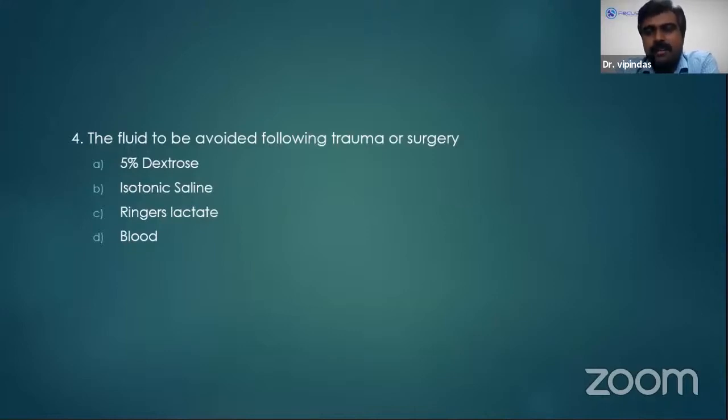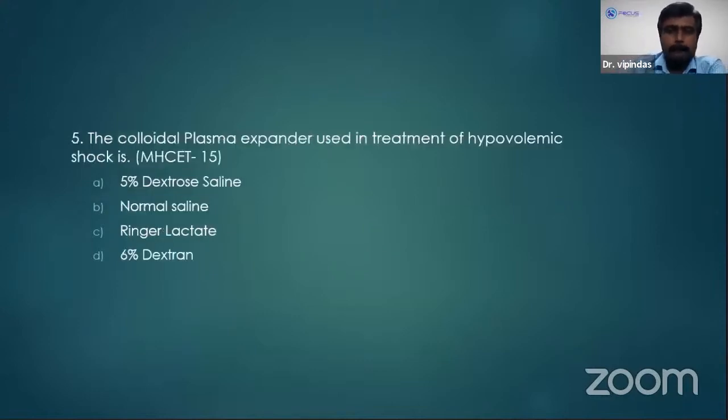Yes, adrenocortical activity, or in other words, sodium conservation. These are the two things you should remember in this aspect. So here the answer is isotonic saline.